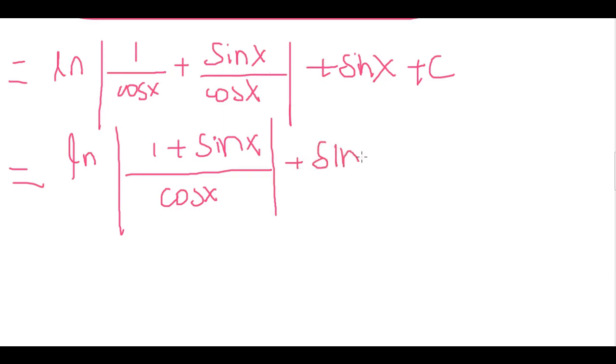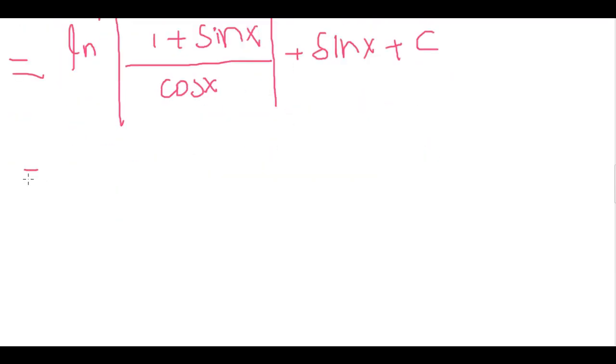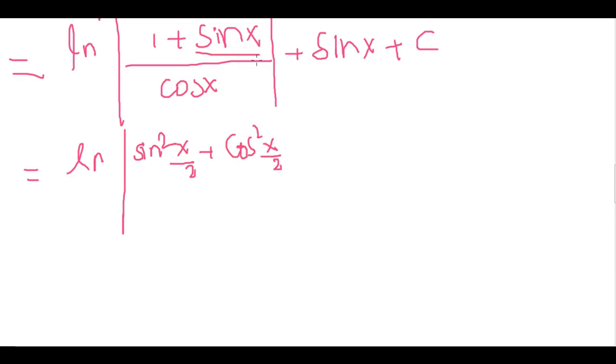You have this outside, and now we can simplify this: I can write 1 as sin square x by 2 plus cos square x by 2, because cos square theta plus sin square theta equals 1, and I'm left with sin x.